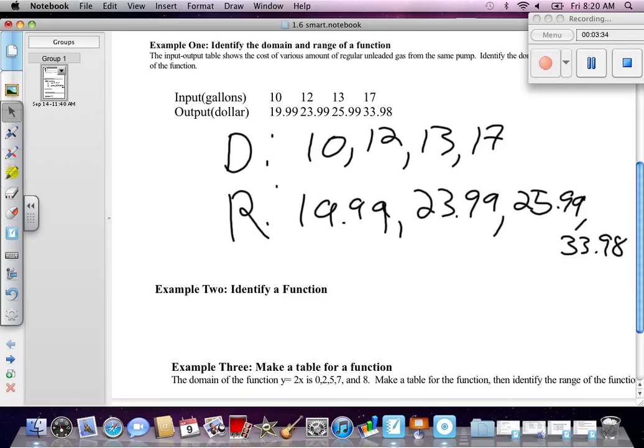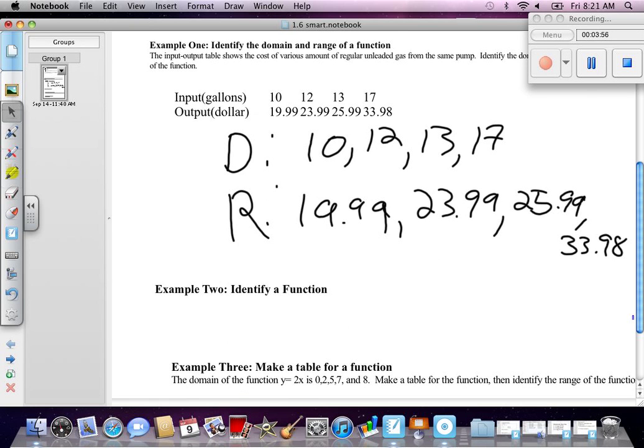When you're finished copying this down, go ahead and flip it over. Okay, remember, a function is really important because each input is paired with exactly one output.